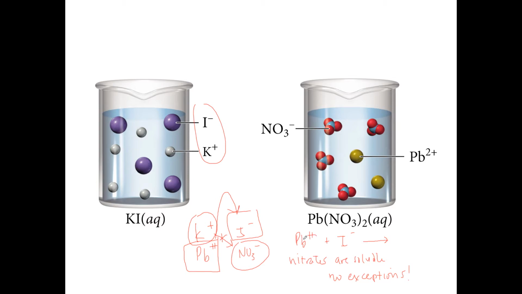Is this going to happen? Lead and iodide, it looks like it would take 2 of those. Lead(II) iodide, because it's lead(II). Is that going to happen? Well, let's go back to the table. I'm going to lose all my notes when I go off this slide, so just bear with me. Is that going to happen? Lead(II) iodide.